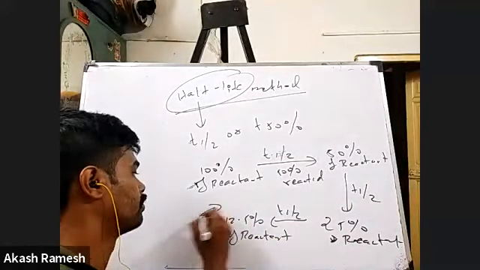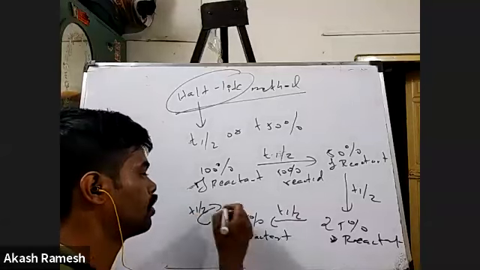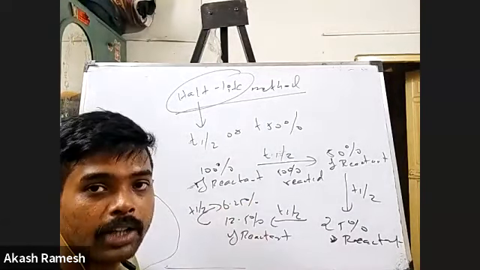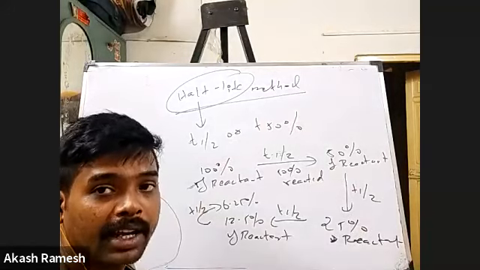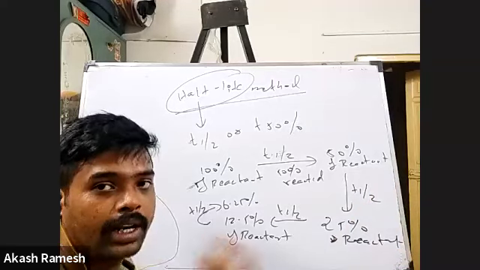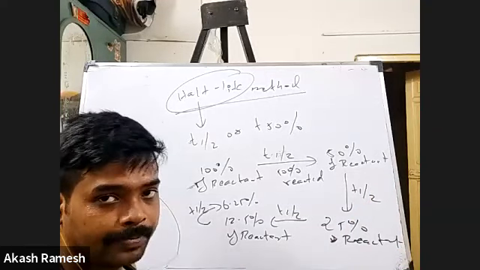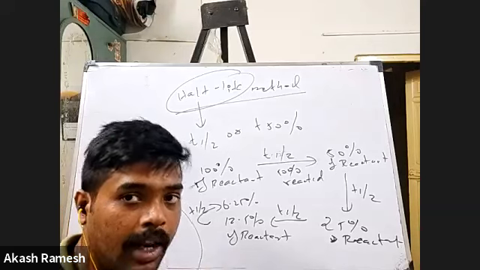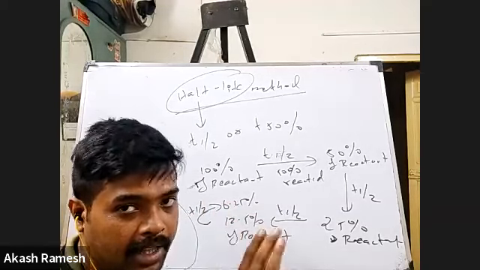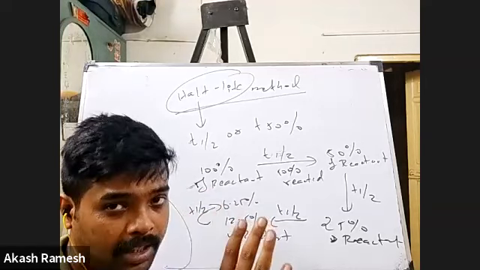One more t half, and 6.25% of the reactant is remaining. Like this, I can have an infinite number of t halves for the reaction to get completed. It is never like in 2 t halves the reaction is over. Please do not make that mistake.